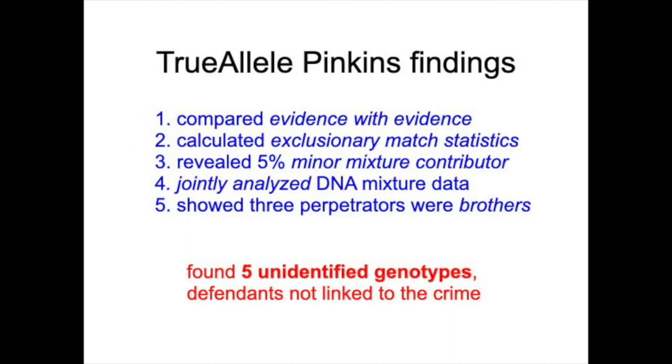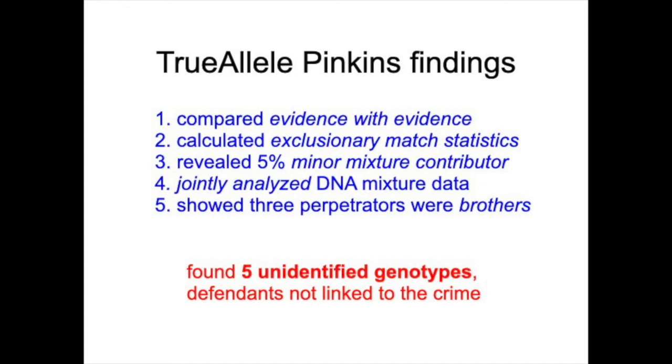We got the data from the Wrongful Conviction Center in Indianapolis, and with the help of Professor Fran Watson, who is super bright, a former public defender, who really thought about the evidence and helped us ask the right questions. These 5 things were not being done by other computer programs back then, and they certainly can't be done by human review. We could compare evidence with evidence, not just references.